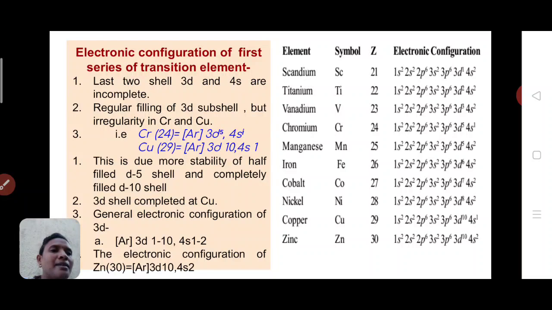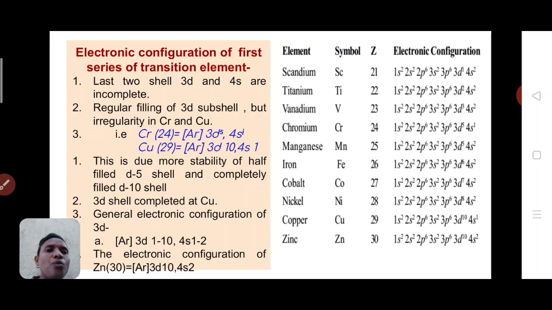Again, in iron 3d has 6 electrons, cobalt has 3d7, nickel has 3d8, and copper has 3d10, but it should be 3d9; in place of 3d9 it is 3d10. So chromium and copper have an irregular filling of electrons.